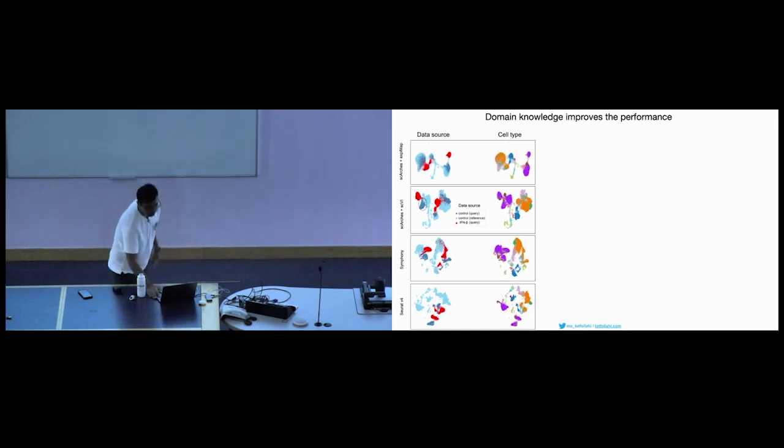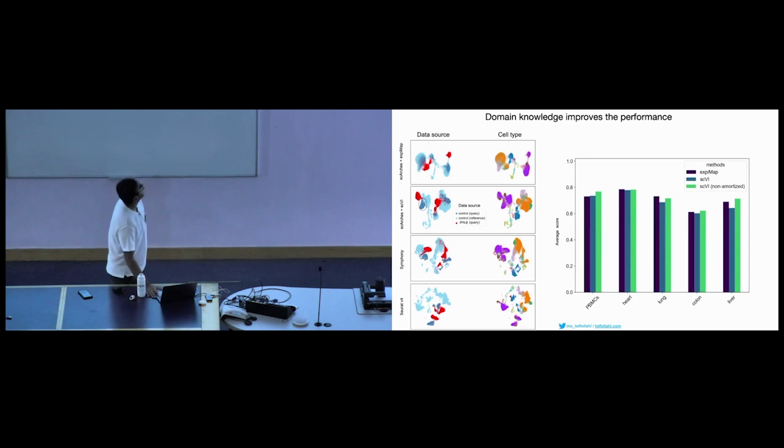One last thing here is that in this model that I showed, you had a nonlinear encoder and a linear decoder. So you have a low capacity model versus nonlinear encoder and nonlinear decoder.